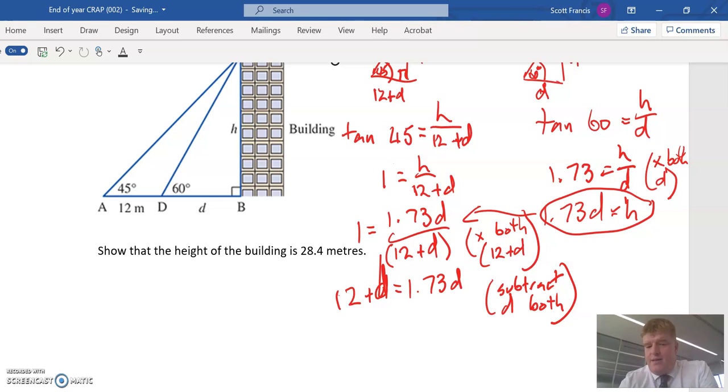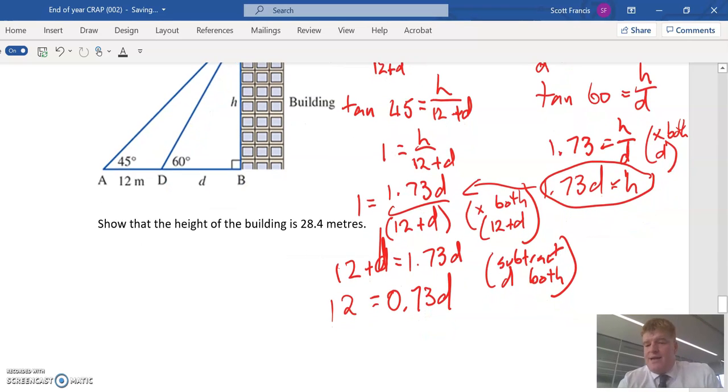If I subtract D, 12 plus D minus D leaves just 12 on this side. On the other side, 1.73D minus D leaves us with 0.73D. Just as an example, if you had 2D minus 1D, you'd have 1D left. Last thing, we want to get D by itself, so we divide by 0.73.